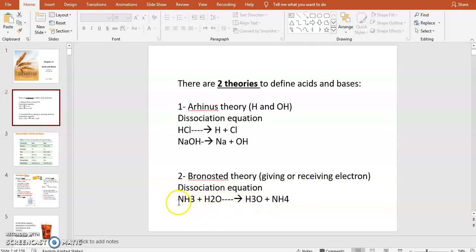So basically the ammonia will dissociate in water to form NH4 ion and hydroxide ion. You can see that this molecule here gives away hydrogen to the water, and it becomes H3O. So this will be considered the acid, and this will be considered the base.